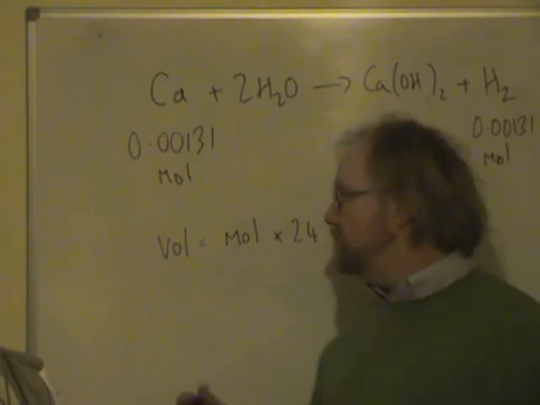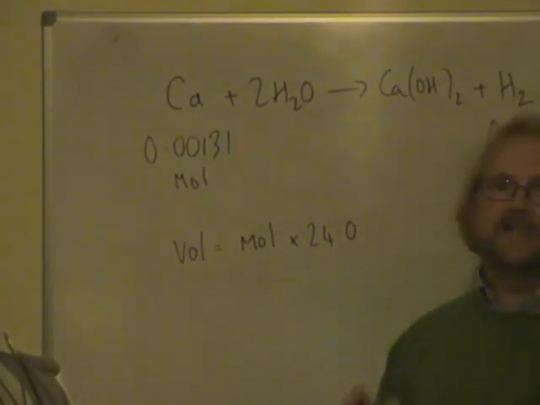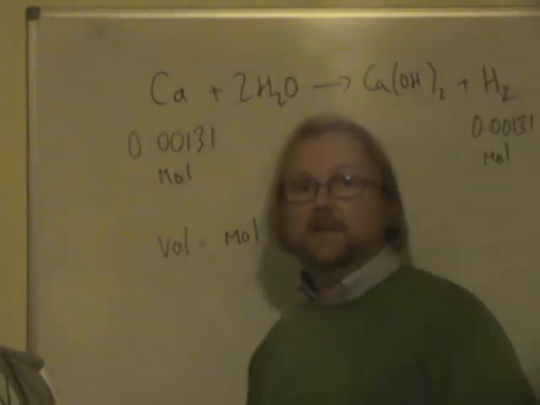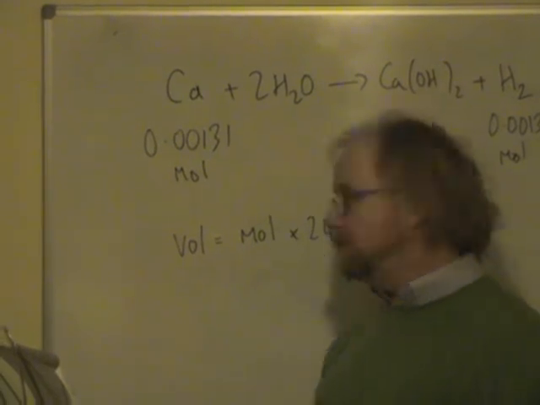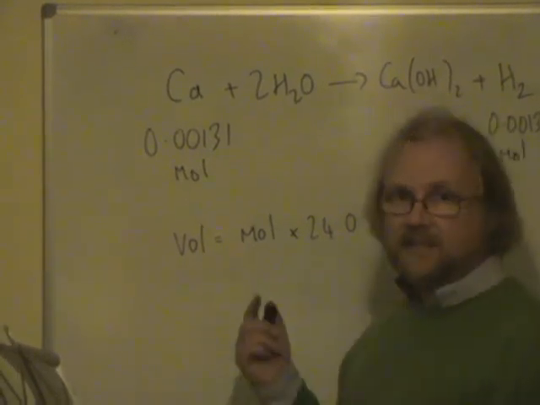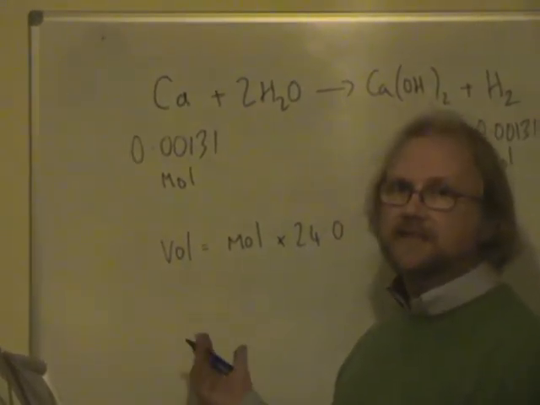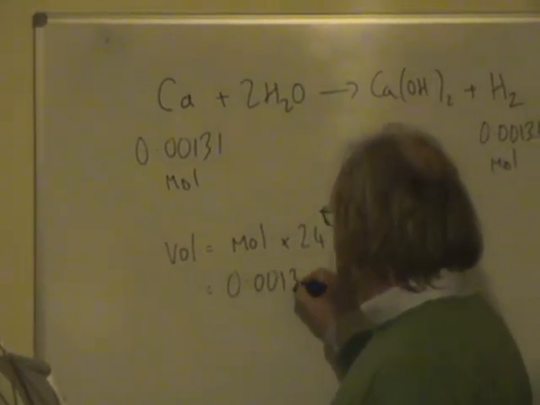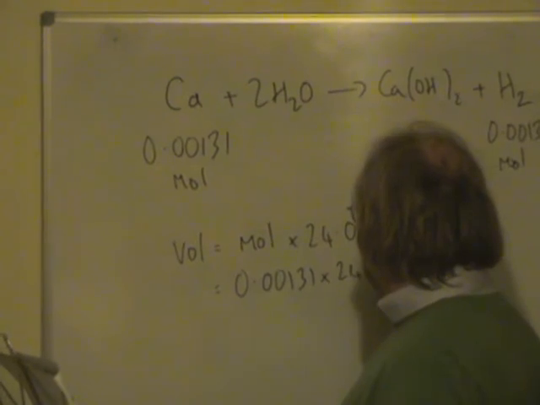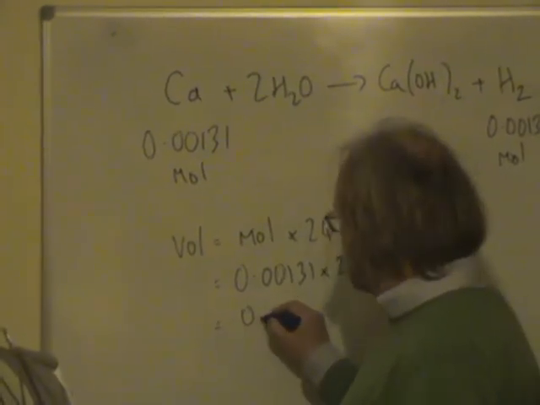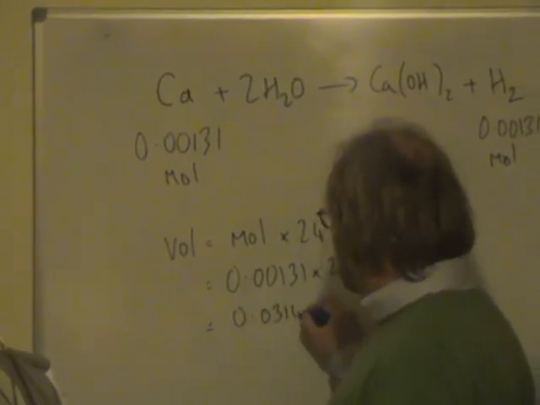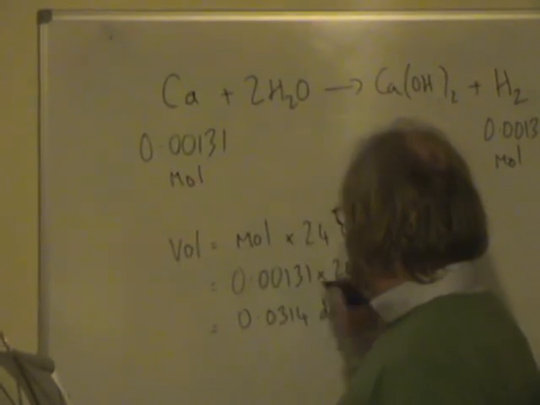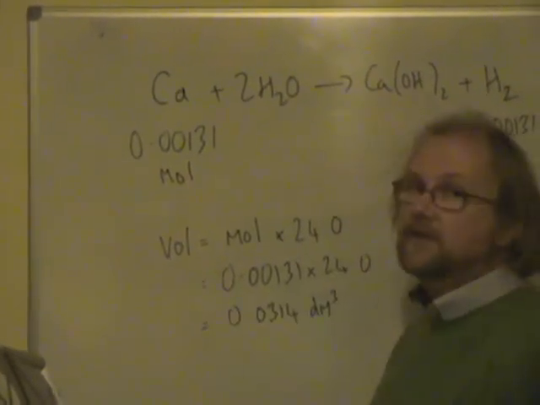In your data sheet, remember, it gives you that number. It tells you each mole of a gas occupies 24.0 dm cubed, and so you don't have to actually memorise that number, but obviously you need to know it's there. And so you can calculate that, 0.00131 times 24.0, which is 0.0314 dm cubed, because the volume is in dm cubed.